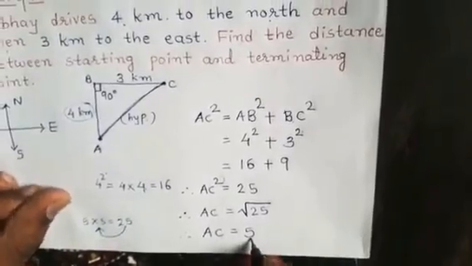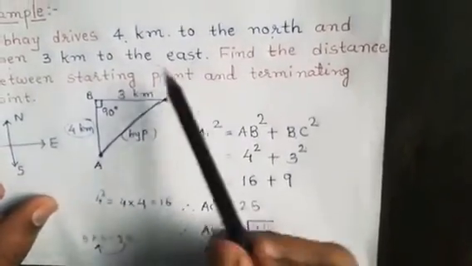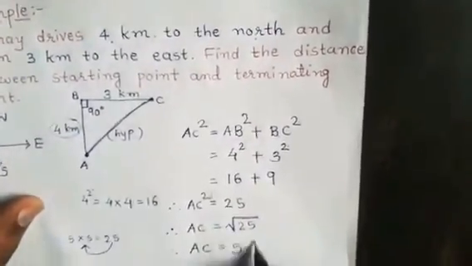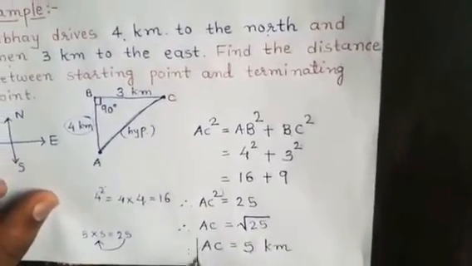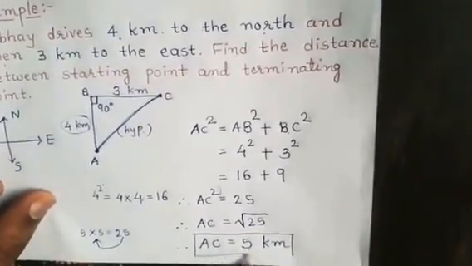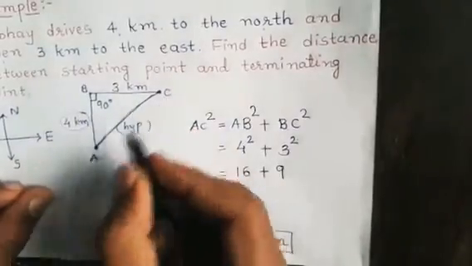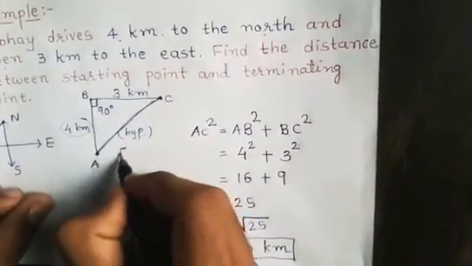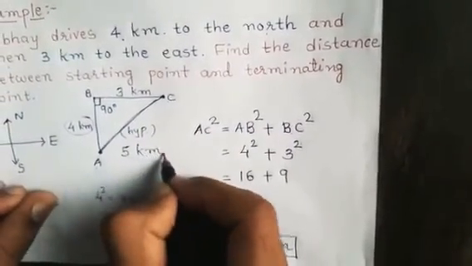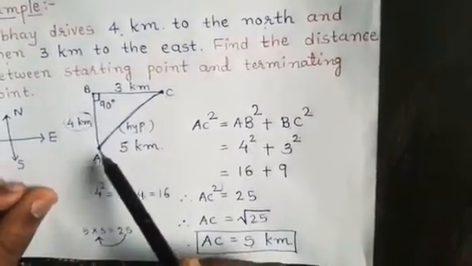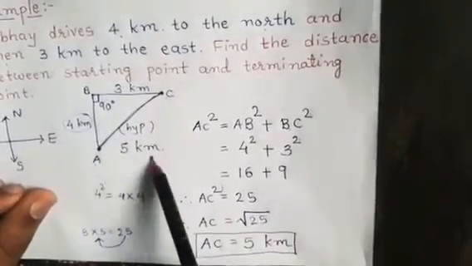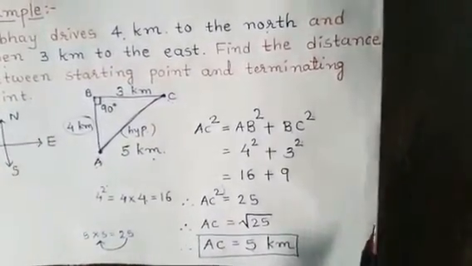So finally AC is equal to 5, and because the question unit is kilometer, the answer will also be in kilometer. So finally we get the distance between these 2 points, the starting point and terminating point. The answer is 5 kilometer. So we can say that the distance between these 2 points is 5 kilometer using the Pythagoras theorem.